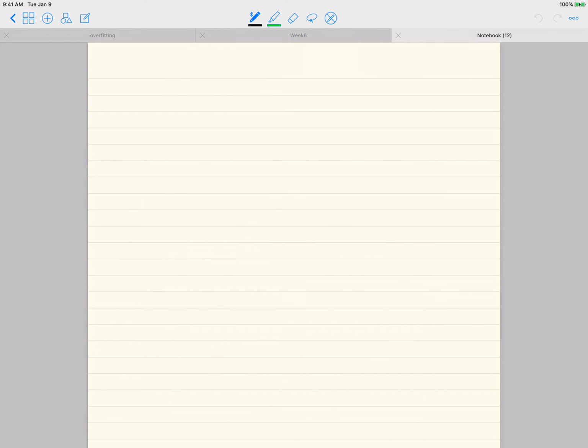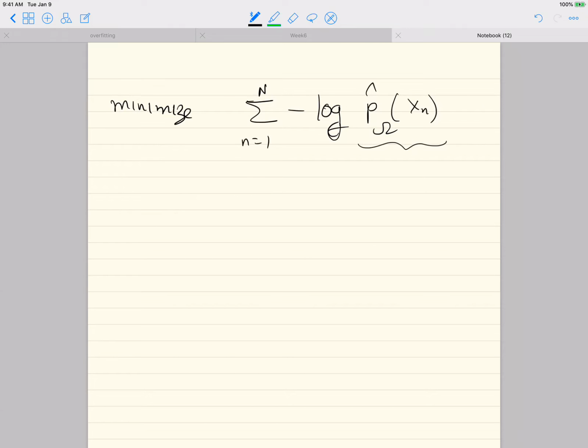So let me write that. So we want to minimize the summation of n going from 1 to capital N of minus log p hat omega of xn. Okay. Now we know what p hat omega of xn is.